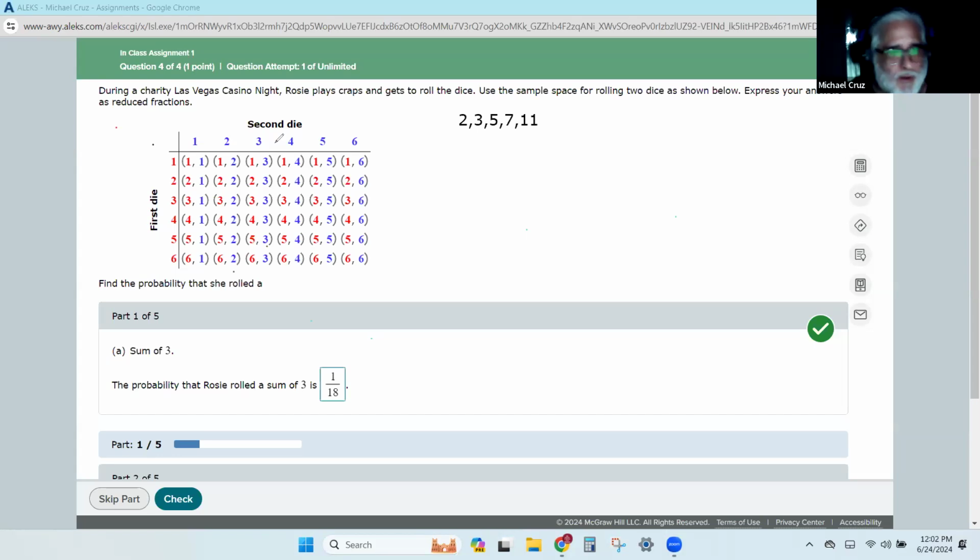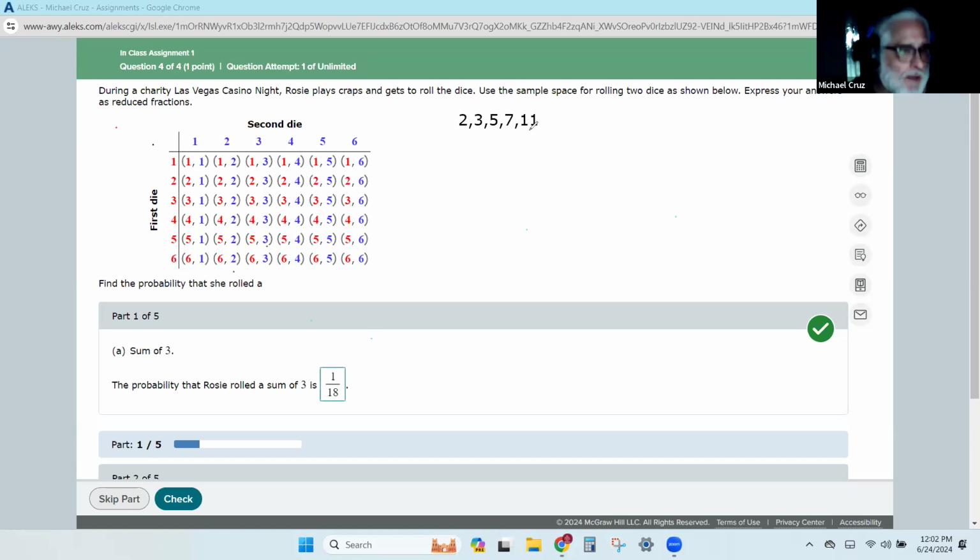So 4 is also divisible by 2, so we don't do that one. 5 is prime because it's only divisible by 1 and 5. Same thing with 7. 6 doesn't work, because it's got factors of 2 and 3. 7 is prime. 8 is composite, not prime. 9, same thing, divisible by 3.